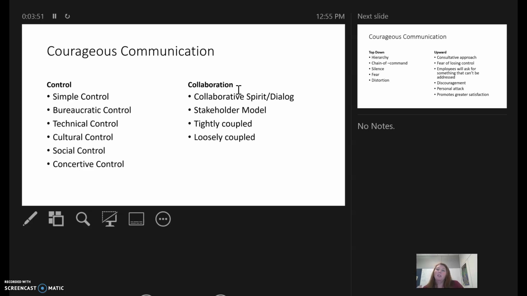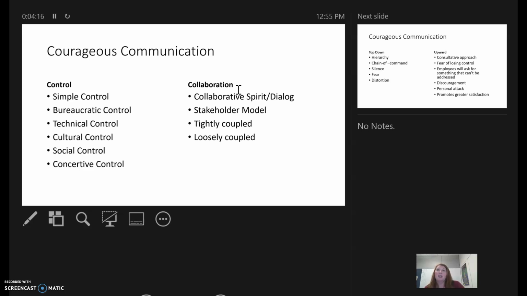But these are all different ways that we see control in organizations. And again, sometimes they are necessary. We have an IT department that has a lot of technical control over us because of safety and data and information. But at the same time, we have to be able to make recommendations about technology and programs that we need, and they may have to be flexible with that and make changes. That's where collaboration comes in.